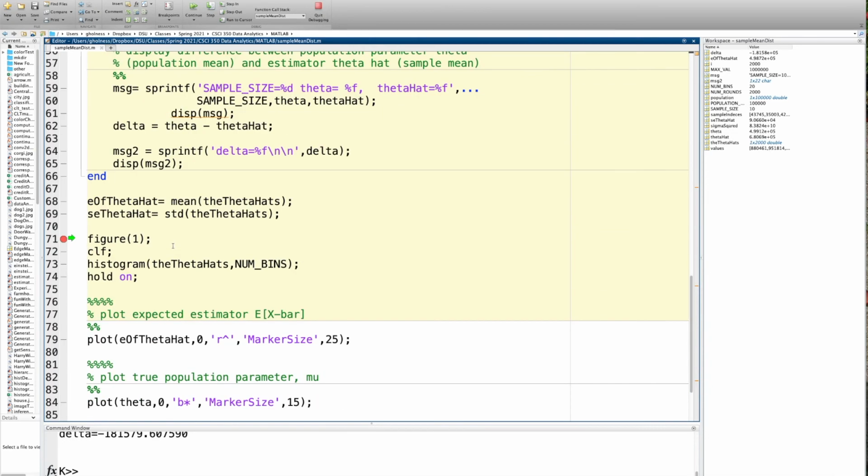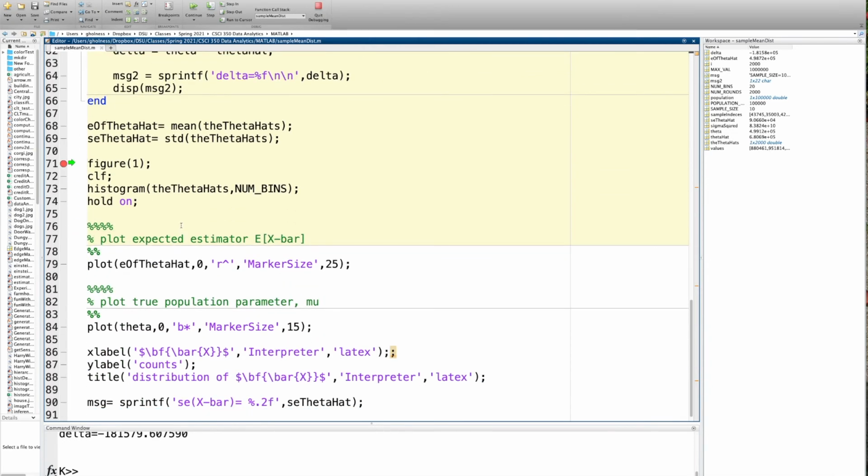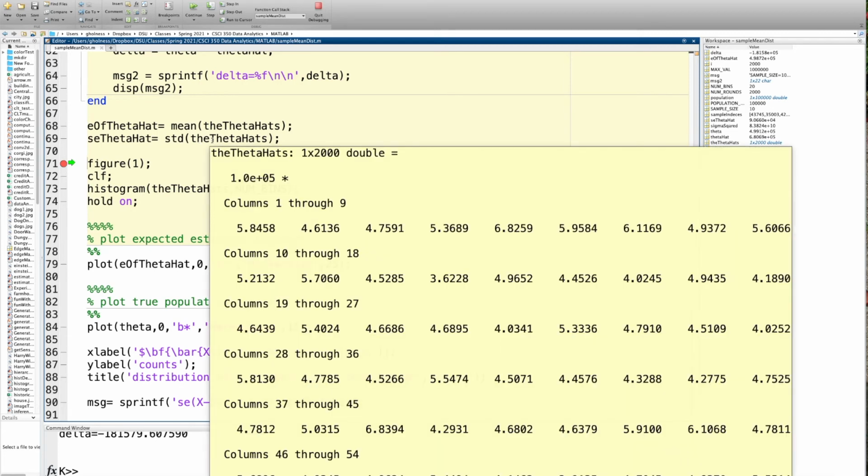Take a sample of 10 and compute x bar, the sample mean, and then we compute the expectation of all of these x bars, and we compute the standard error of all of these x bars. That standard error of the x bars is called standard error because x bar is a statistic, and that's nothing more than the standard deviation of this group of theta hats that we calculated, these 2,000 theta hats in this case.